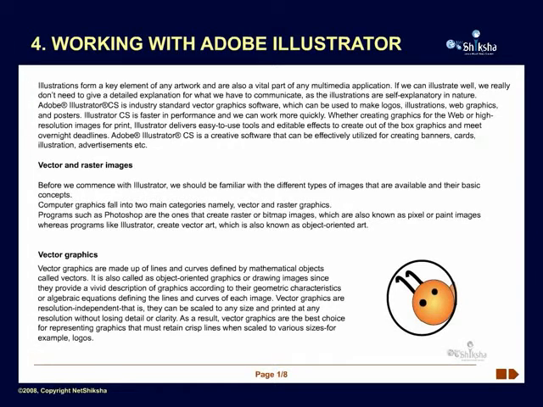Vector graphics are resolution independent, that is, they can be scaled to any size and printed at any resolution without losing detail or clarity. As a result, vector graphics are the best choice for representing graphics that must retain crisp lines when scaled to various sizes, for example, logos.